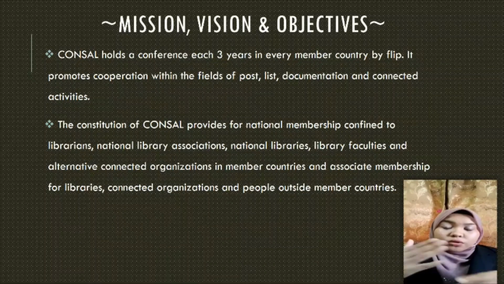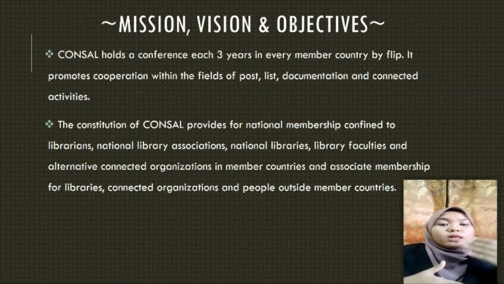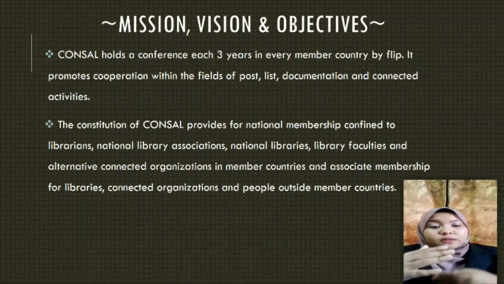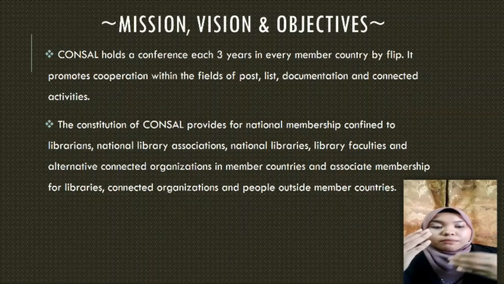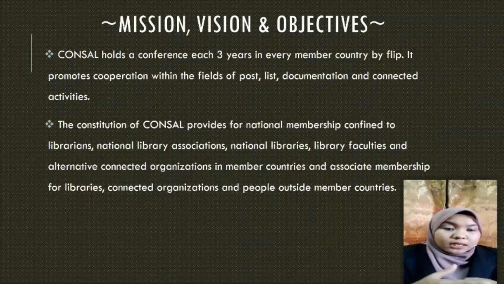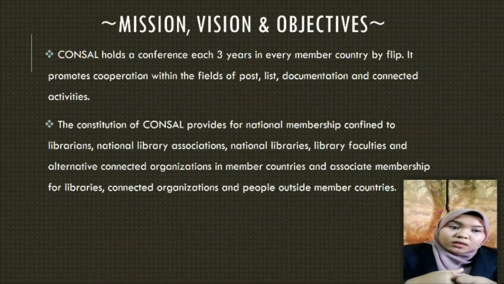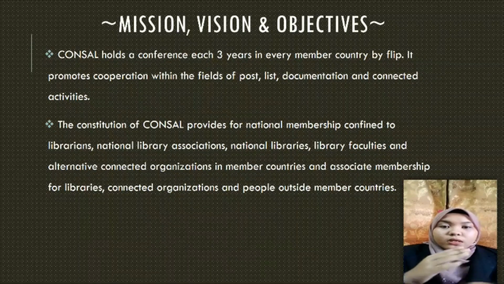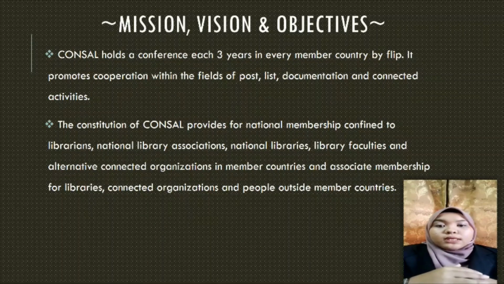The constitution of the council provides for national membership confined to library associations, national libraries, library faculties, and other connected organizations in member countries, and association membership for libraries, connected organizations, and people outside the member countries. Okay, we go to the next slide.